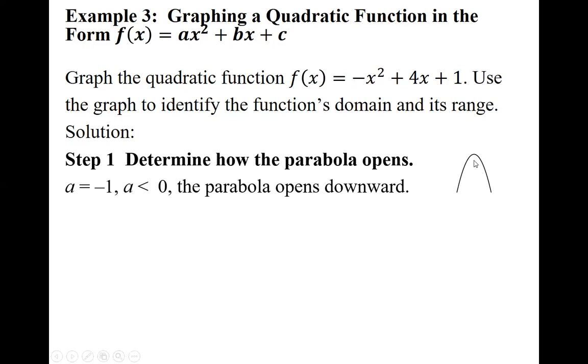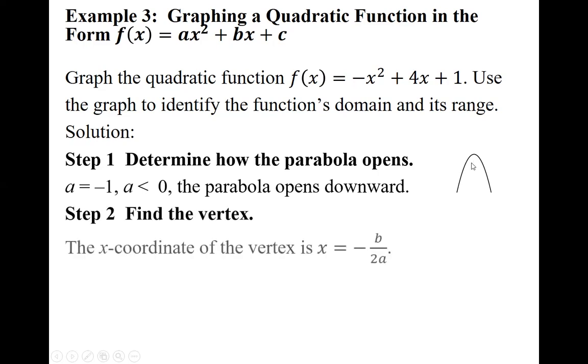To find the vertex, the maximum point in the parabola, we would do negative b over 2a. a, b, and c are the same a, b, and c we would use in the quadratic formula. a is -1, b is 4. So -4 over 2 times -1.